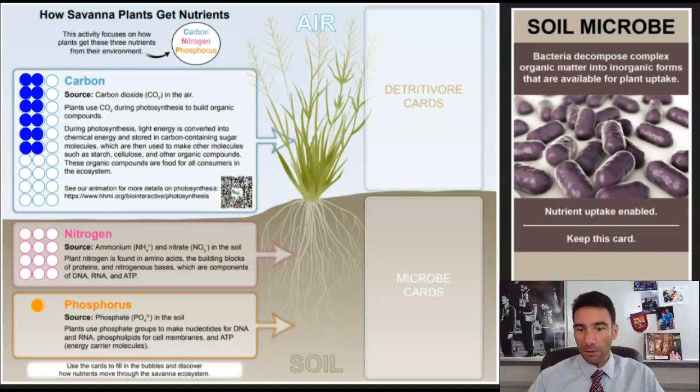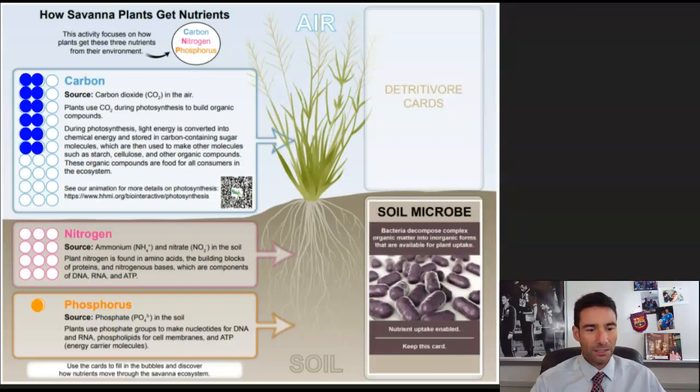So these bacteria are going to break those things down into smaller bits of nitrogen that the plant can use. So yes, now I can put that on my card, and from now on, I am able to take up certain kinds of nutrients. Cool.